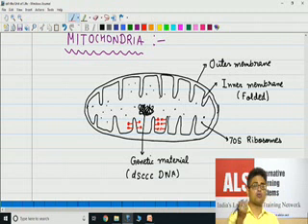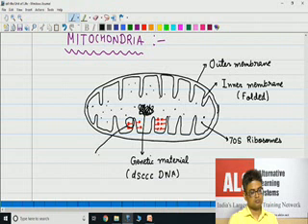They are present all over the inner membrane. I am drawing only some. Okay. So this is an oxysome.